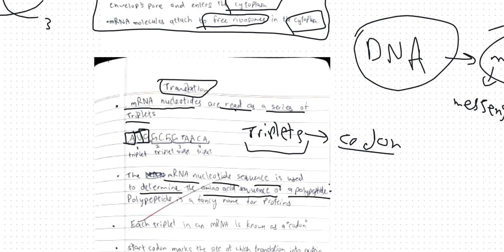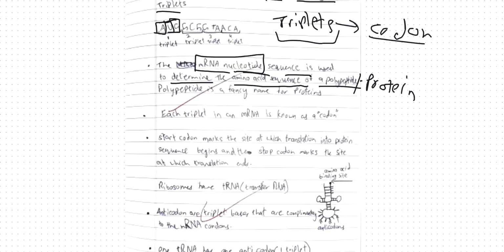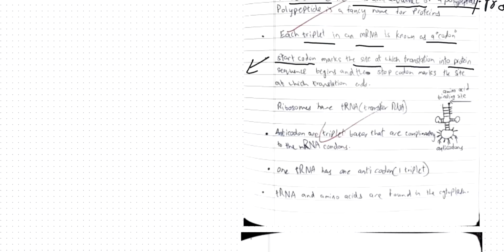So how do you determine the amino acid sequence of the protein? It's through the mRNA nucleotide sequence. Each triplet in an mRNA is known as a codon. And the start codon marks the site of translation into protein. So how do you start translation? The translation will always start with the start codon.